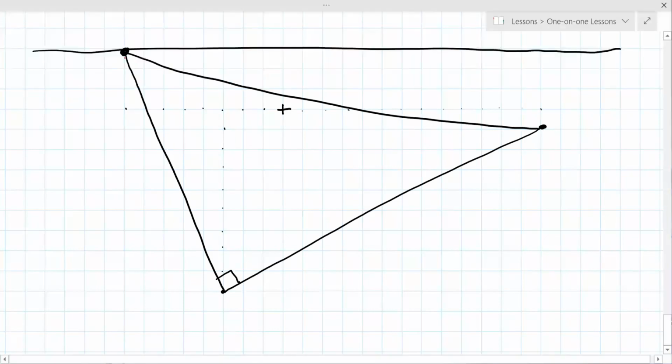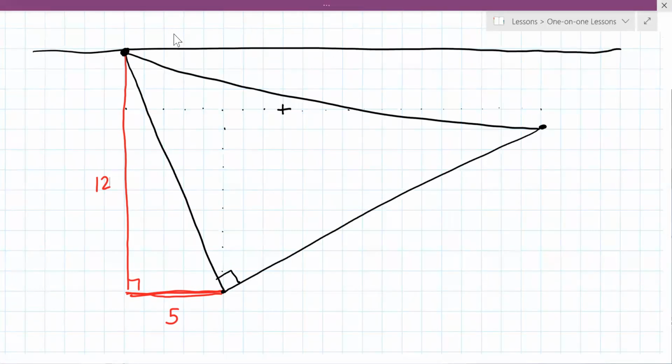The first triangle we can draw is this right triangle right here. What is this distance here? Hopefully it's easy enough to count. 5. And the vertical distance? 12. So what I want you to do is find the third side here using the Pythagorean theorem.